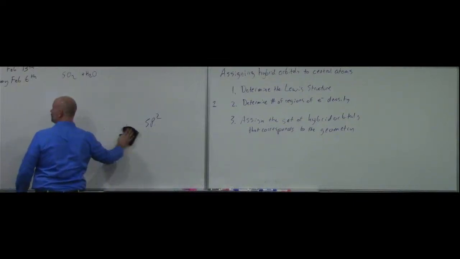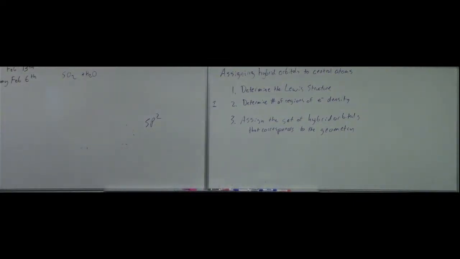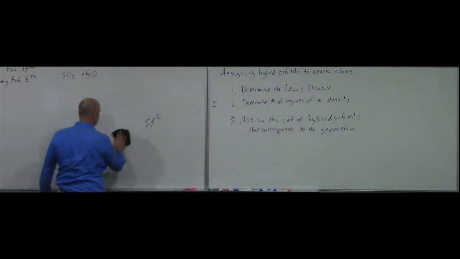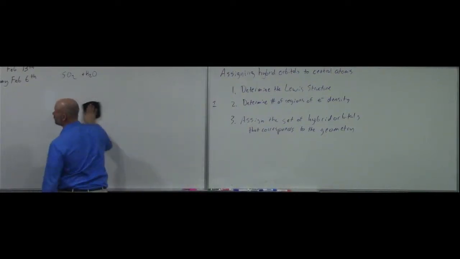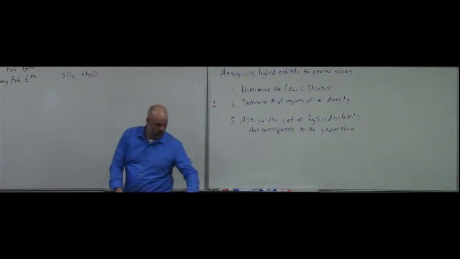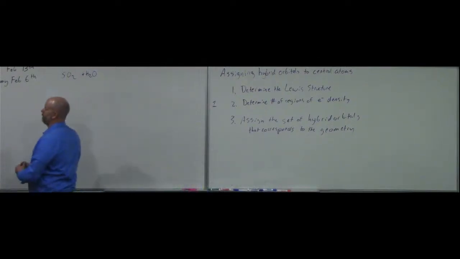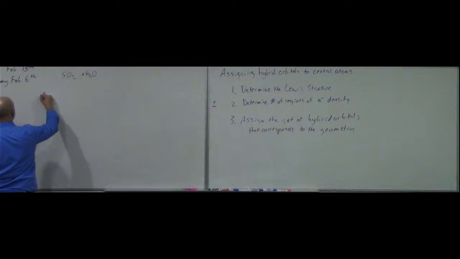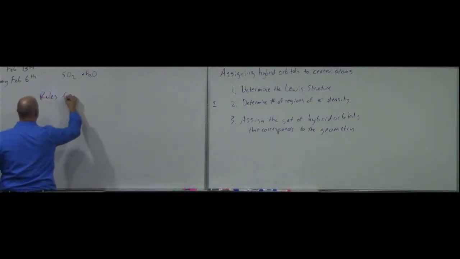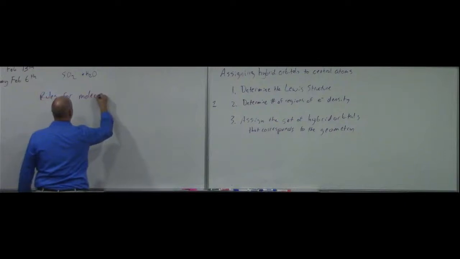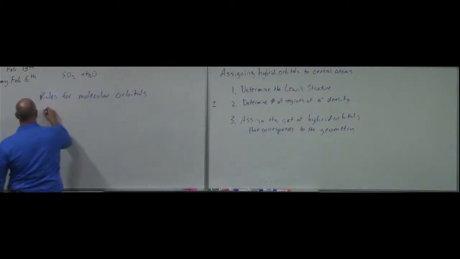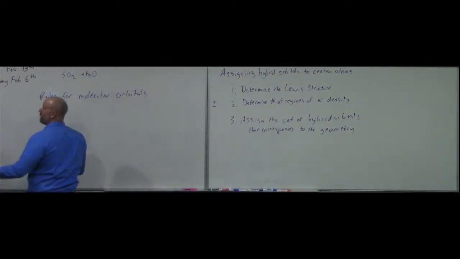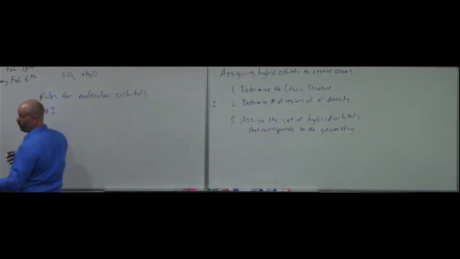So now that we have a rough understanding of what molecular orbitals are, I'll pause there and write these rules down. Number 1: the number of atomic orbitals that go in will equal the number of molecular orbitals that come out.